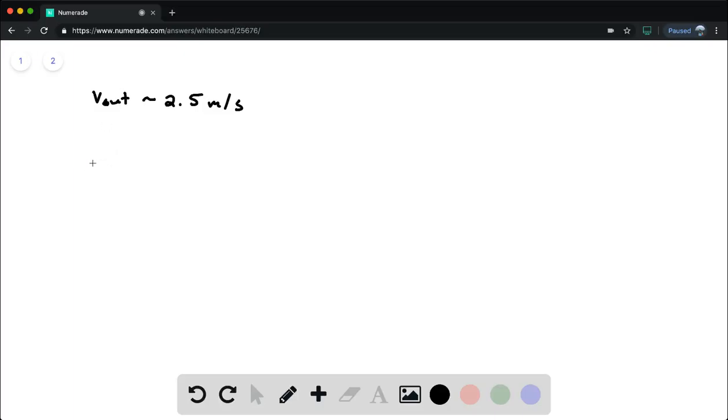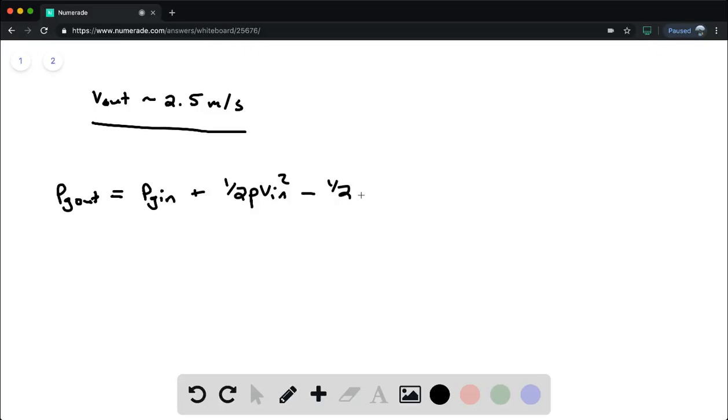And then we want to look back at Bernoulli's equation and rearrange it. Now we have the output velocity as another known quantity that we can plug in. So we want to write this as an equation for the gauge pressure at the top of the building, which I labeled out. On the other side of the equation, we had the pressure at street level. We don't have a potential energy term because we set the height there to be 0. We have half rho v in squared. And then from the other side of the equation, we subtract the output velocity term and rho g h.